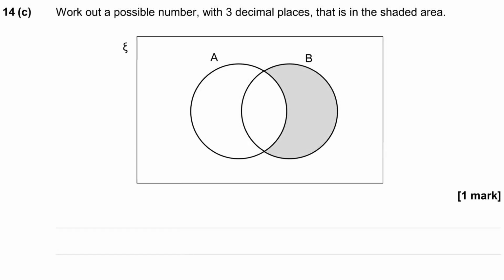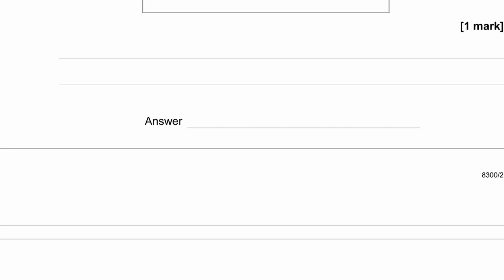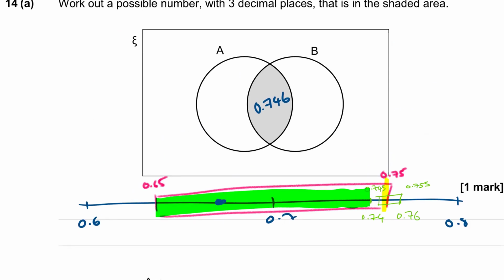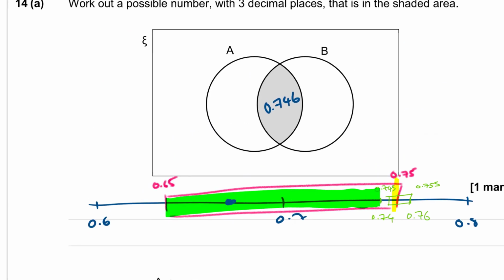Part C wants us to find another number to 3 decimal places, this time that's in the set B and not in the set A. So coming back to our little diagram here, it's going to be the numbers up here, isn't it, that are going to round to 0.75 to 2 decimal places, but won't round to 0.7 to 1 decimal place. We're going to have to pick a number somewhere in this range.